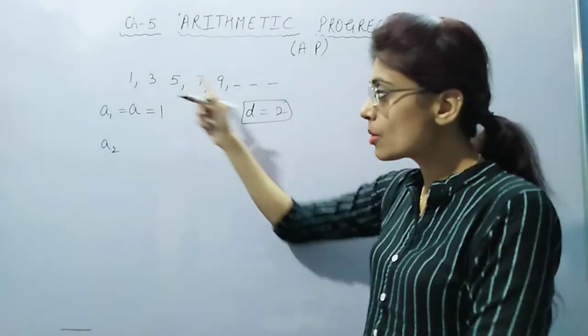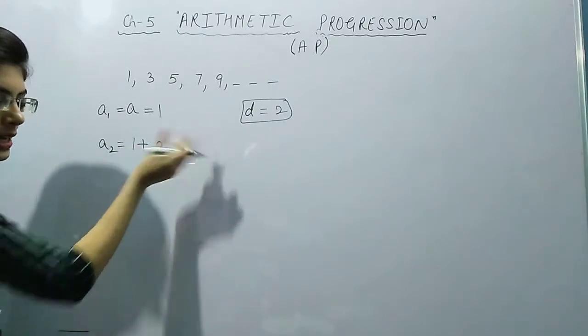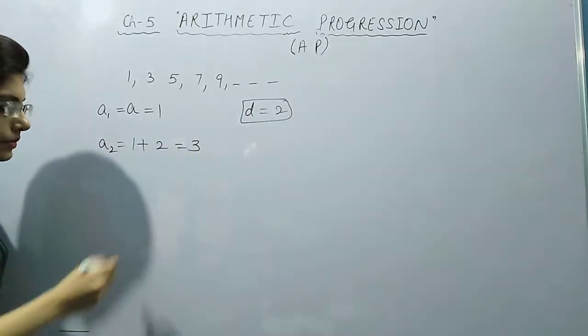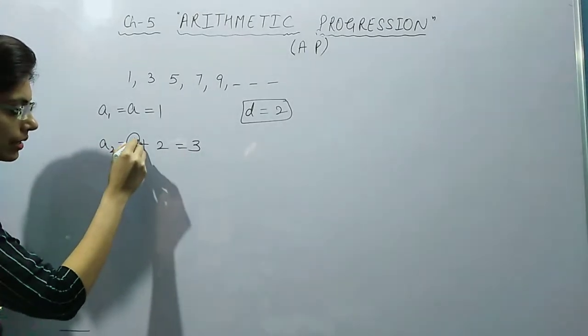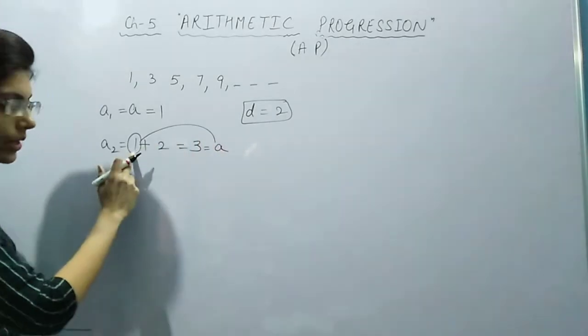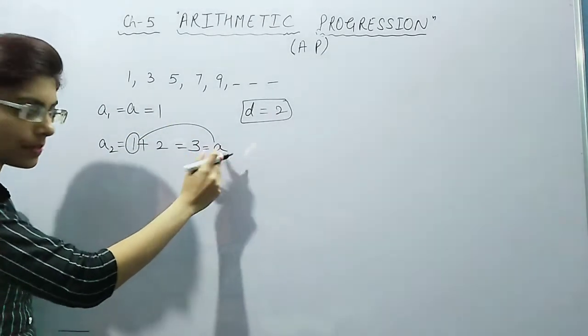What is the previous term of 3? 1. So I will write here 1 plus 2, and what do I get? 3. Now what is 1 actually? 1 is the first term, so in place of 1 I have written a.